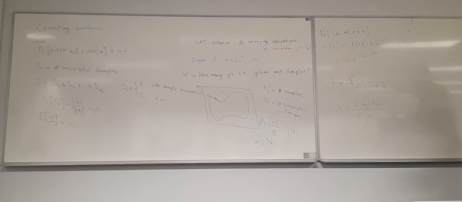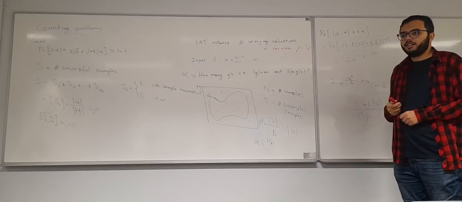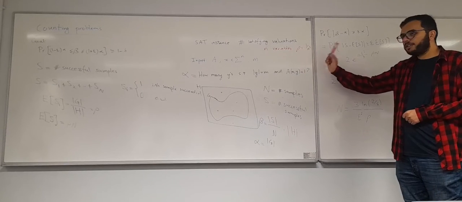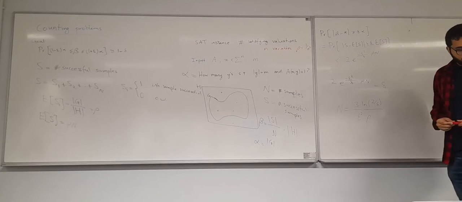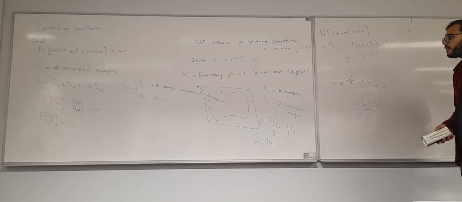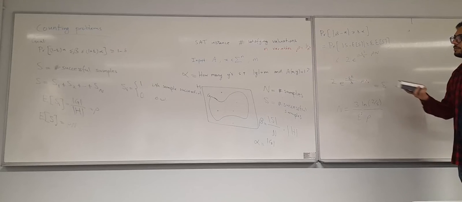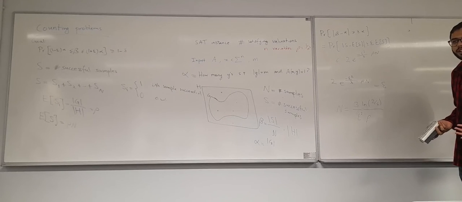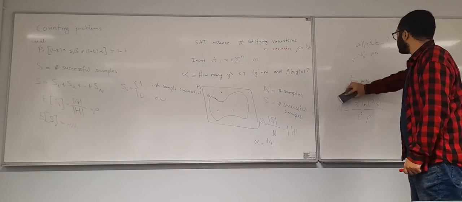So my only problem arises when this ratio is really tiny. If this ratio is even bounded by 1 over some polynomial, then still I would be okay. So let's see if we can make this any better. For the general problem of counting the number of satisfying valuations in SAT, we probably can do better than this anyway. But let's see if there are special cases of SAT that are easier.